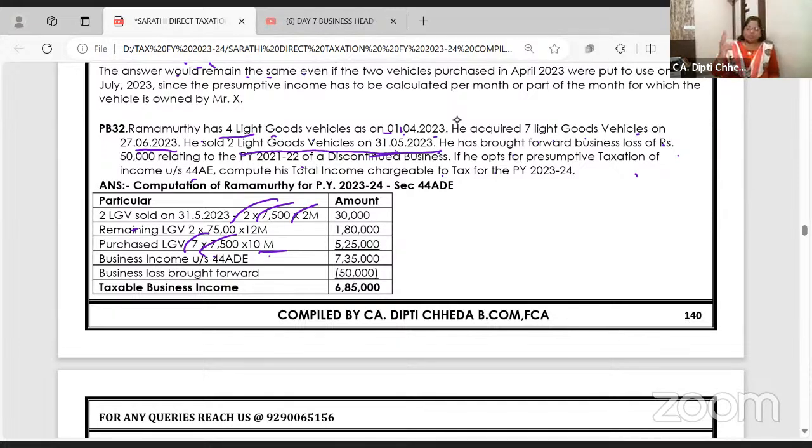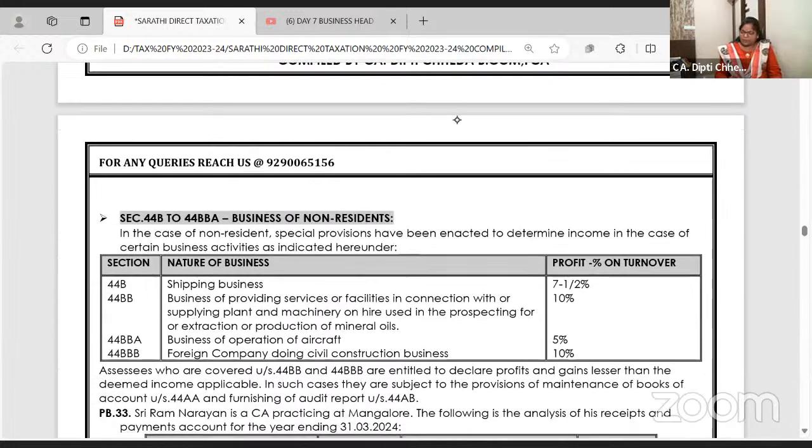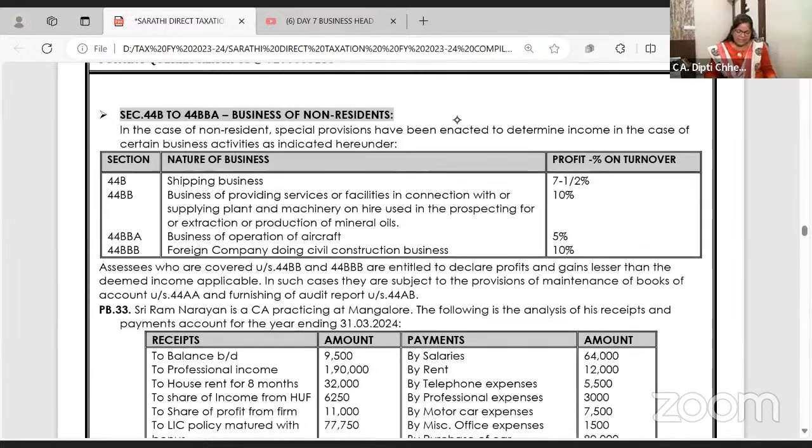Because these vehicles are sold in May, so only 2 months income. Acha, opening में it had 4 vehicles. So 2 vehicles you have taken only for 2 months because in May they have been sold. But remaining 2, can we take it for 12 months? Baki do to the na. So like this, you will solve the problem. And this is just for your reference.